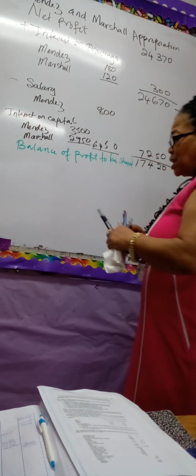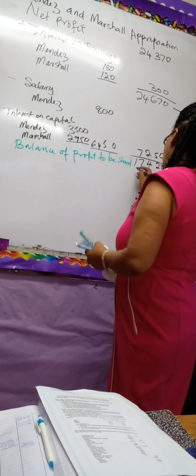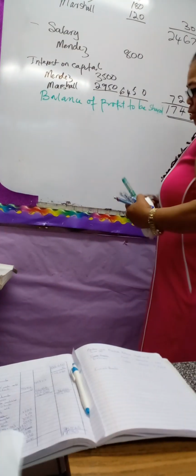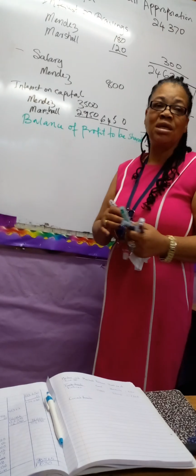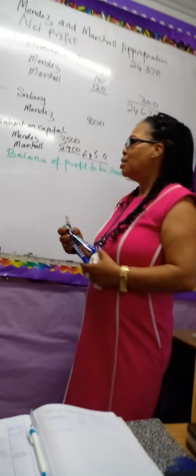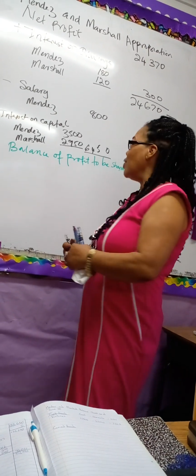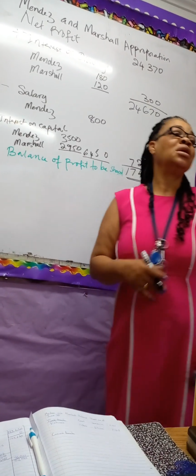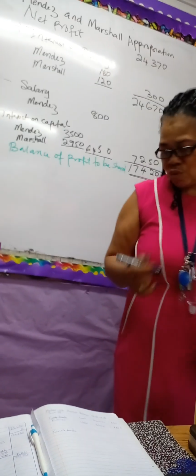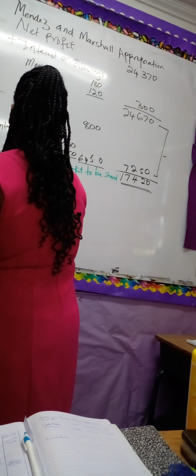Now, how did they tell us to share this profit? It did give you a ratio. Look in your notes and see what it says. The profit is to be shared equally. That means I am to divide it by 2. So I'm dividing 17,420 by 2.